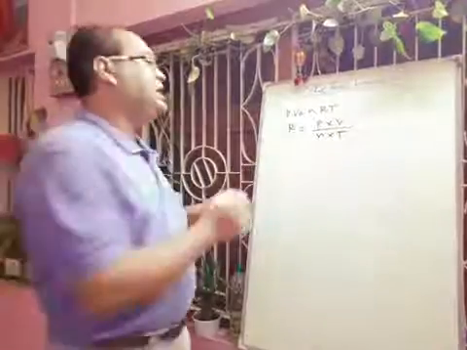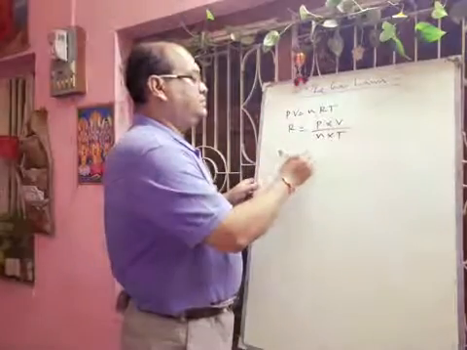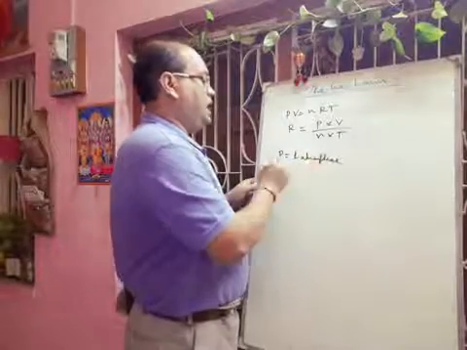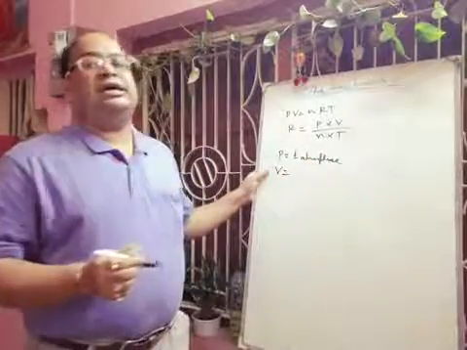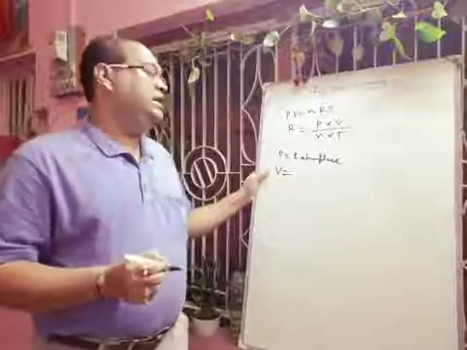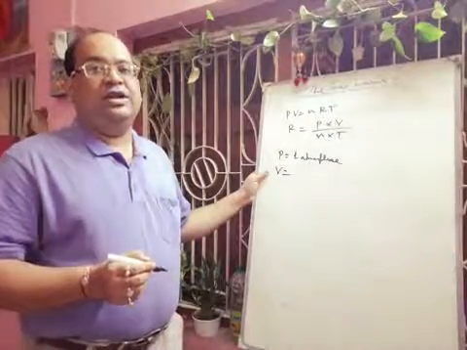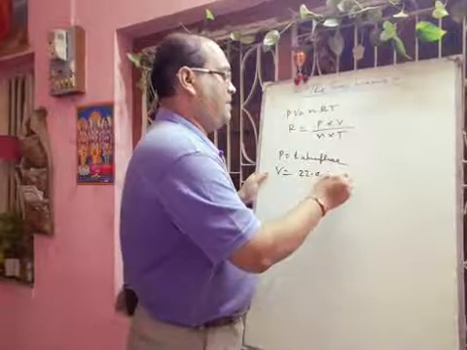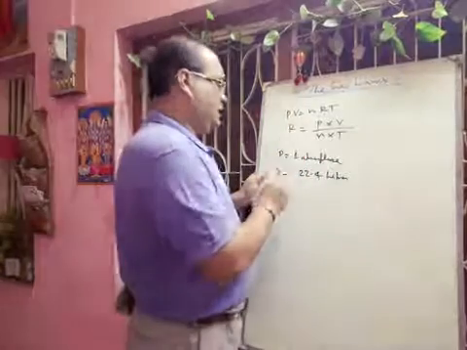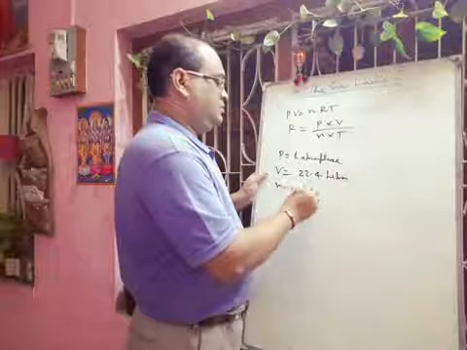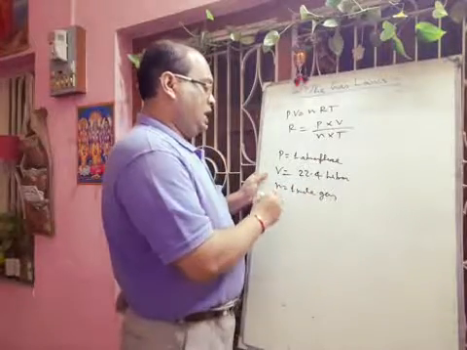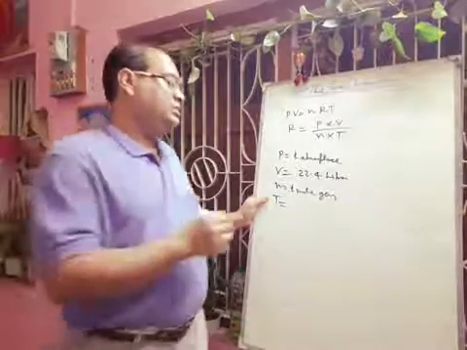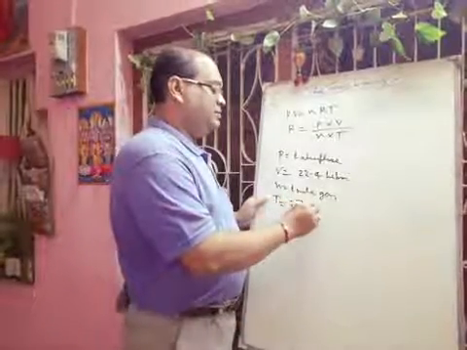Now, if P is equal to 1 atmosphere, and V is in the liter unit, for 1 mole gas it will be 22.4 liter, and n is equal to 1 mole gas, and T is the Kelvin scale temperature, 0 degree, so here we will write 273 Kelvin.